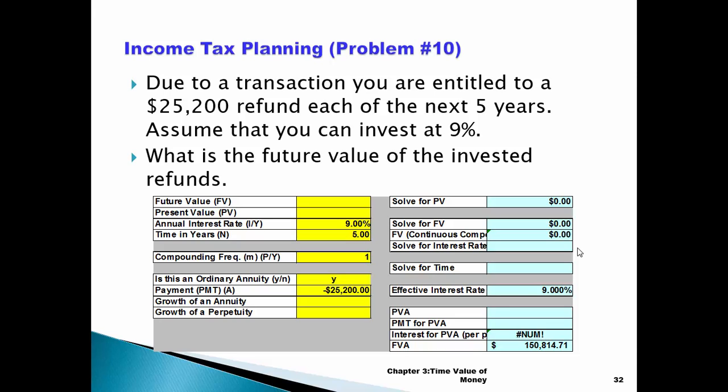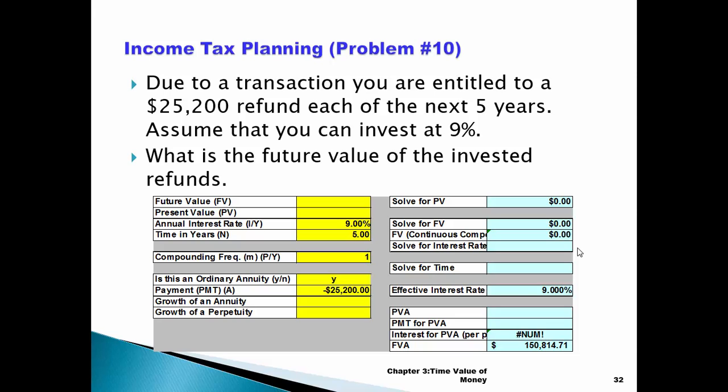Due to a transaction, you're entitled to a $25,200 refund for each of the next 5 years. Assume you can invest at 9%. What's the future value of the invested refunds? So you're going to receive $25,200, and you're going to get that for the next 5 years.